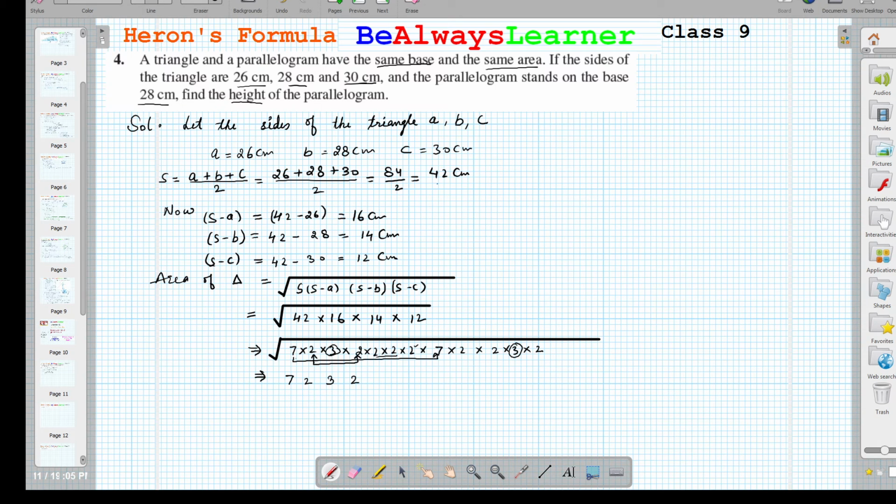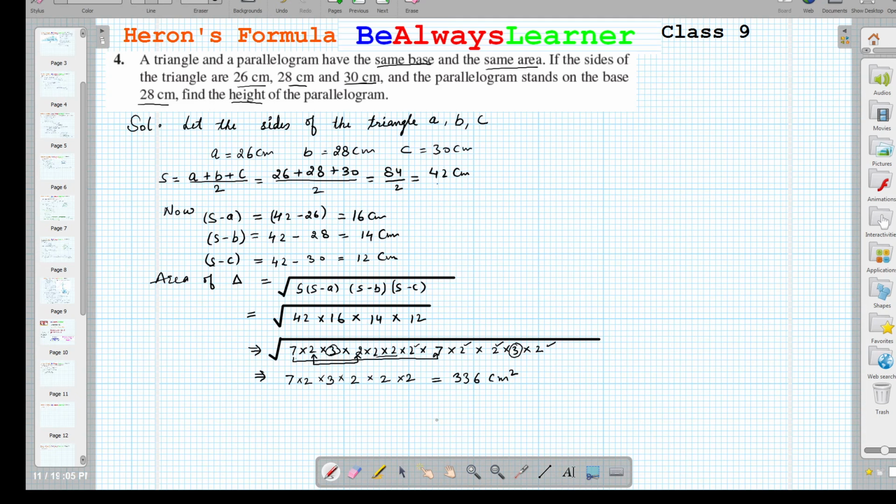This 2 and this 2 are going to make a pair. Now this 2 is going to make a pair with this 2, so we have 2. All are in pairs, so that's how we can easily find the square root. If you multiply all these, this comes out to be 336 centimeters squared. That is the area of the triangle.